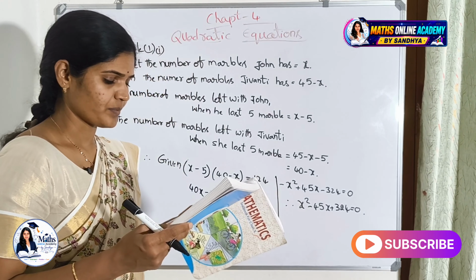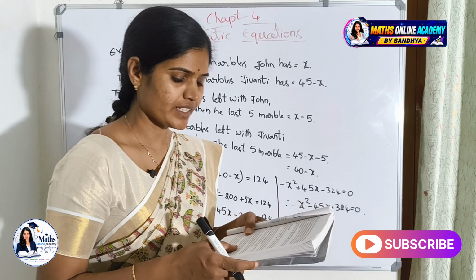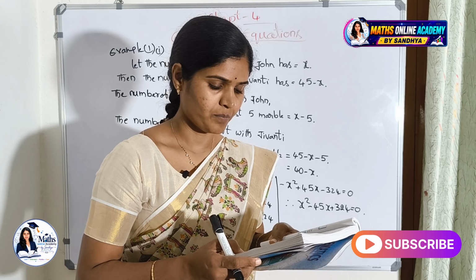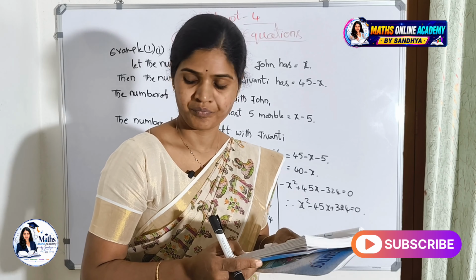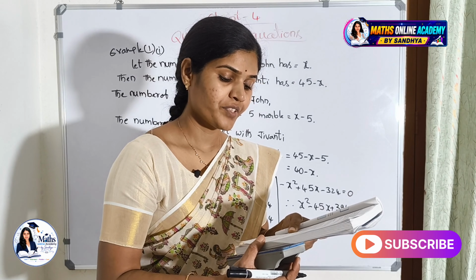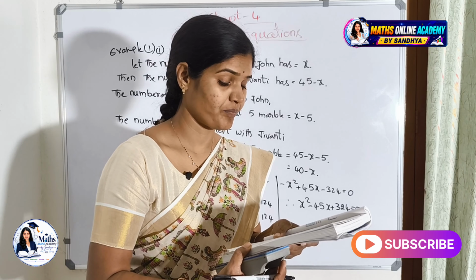Okay. Next one. A cottage industry purchases a certain number of toys in a day. The cost of production of each toy was found to be 55 minus the number of toys produced in a day.